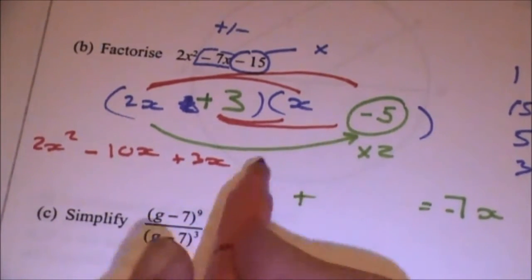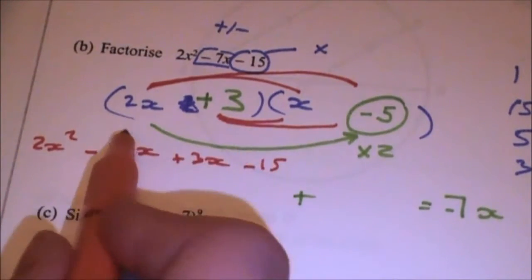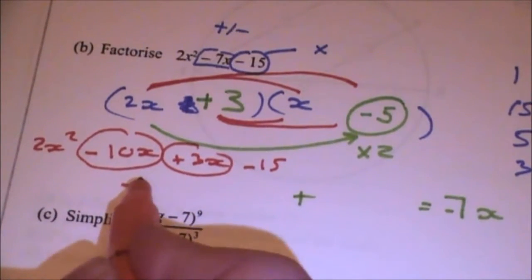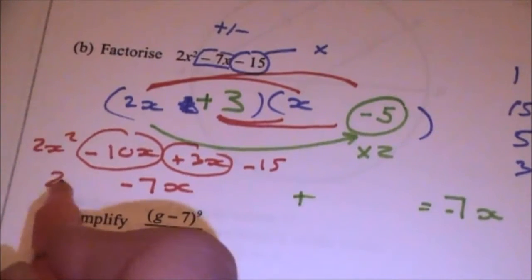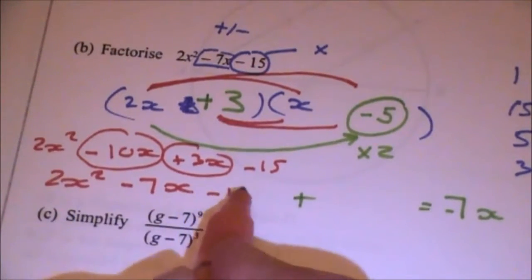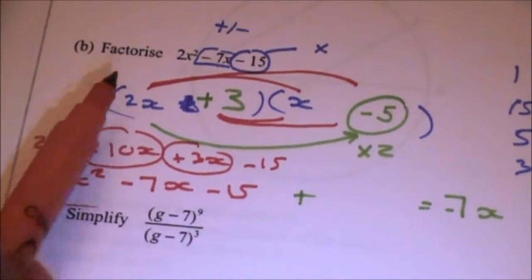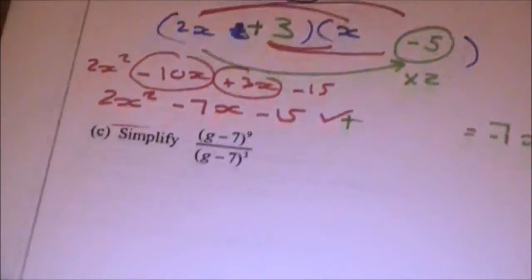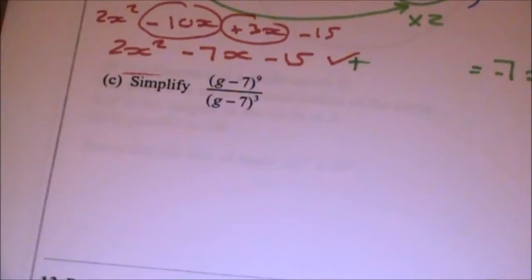Positive 3 times negative 5 is negative 15. Collect my x terms. Negative 10 plus 3 gives me negative 7x. I've got a 2x squared there and a negative 15 there. Was that my original question? Yes, it was. So I know I can leave that exam with 2 marks there.